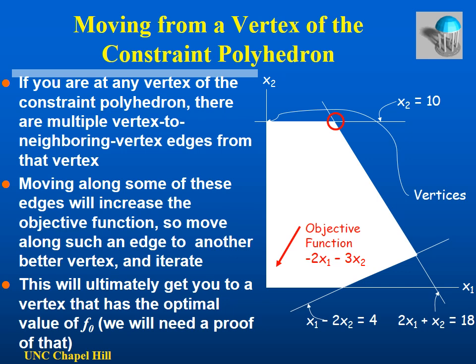And at that point, we now have the x2 equals 10 constraint holding, and still have the 2x1 plus x2 equals 18 constraint holding, those two constraints. But the other three constraints are in their less than form, holding but not in extreme equal form. And indeed here we have reached the optimum that we're after.